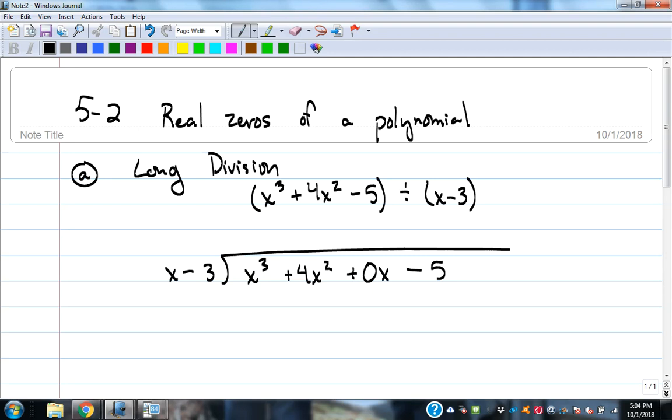Okay? So when you're doing long division, you're going to look at the term in the front of your divisor, what you're dividing by. We've got an x there. We want to know what times this x would get me x cubed. What times x gives me x cubed? x squared. Good. So I'm going to put that above the x squared.